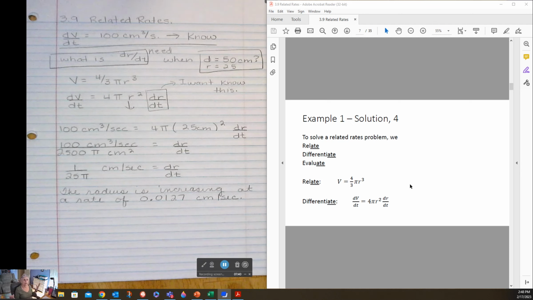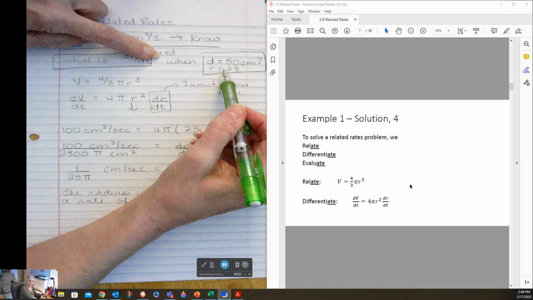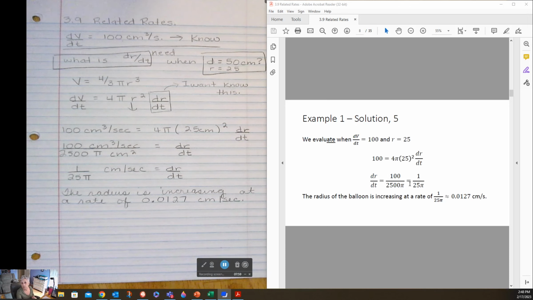Differentiate. Again, that's easy. You know how to differentiate stuff. Evaluate is the tricky one. That's where your knows and your whens come back and you plug them in and solve for what you need.